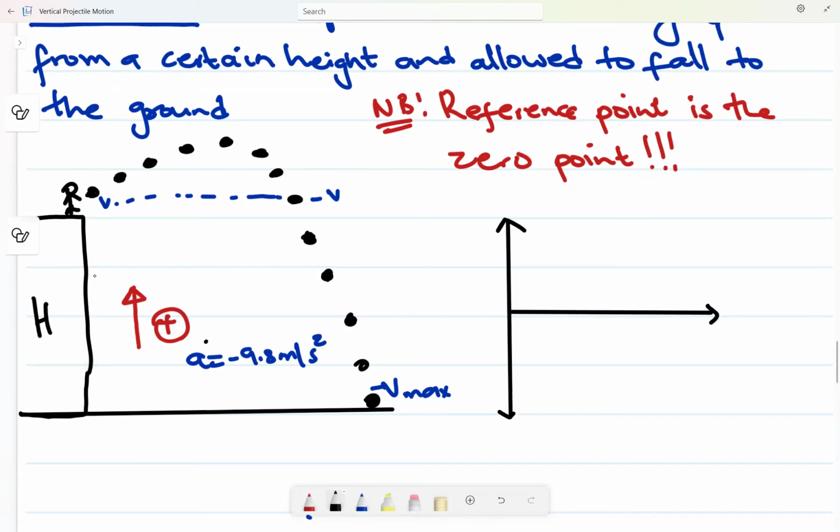Sometimes the examiner might tell you to draw the graph, take upwards as positive. So this one is just straightforward. You took upwards as positive, therefore the value of acceleration will be negative. This is acceleration in meters per second squared. The value is negative 9.8. This is time in seconds.